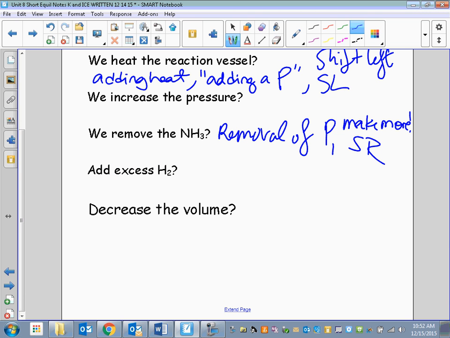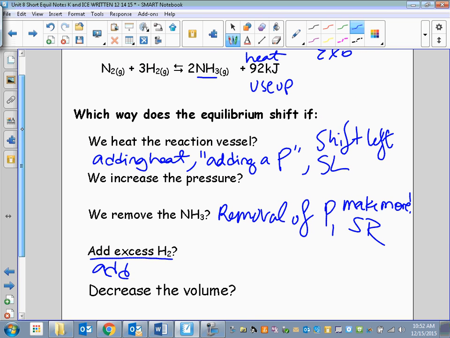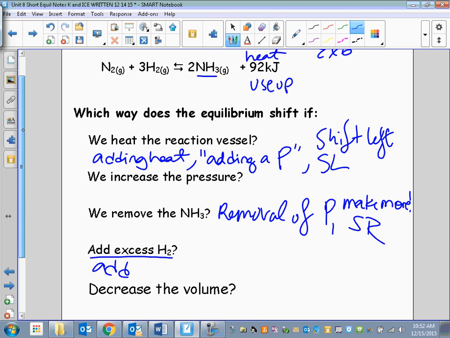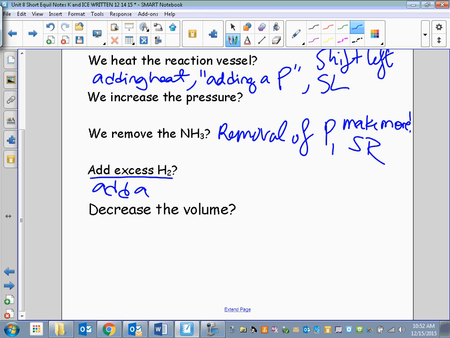Now the next one is add excess hydrogen, okay? So what am I adding technically here? So I'm adding hydrogen. A reactant, right? So adding a reactant. So then my cry for help is, oh no, I've got too many reactants. What do I need to do with them? Use them up. So how do I use them up? Make more products, right? So if I use up reactants, I'm making products.